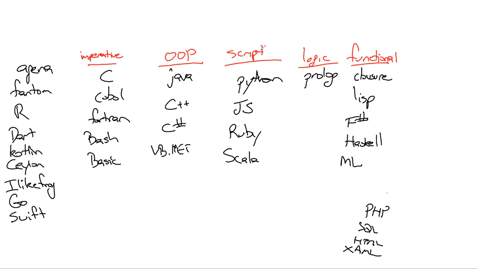Then from the mid 80s, through the 90s and maybe a bit further, we got object-oriented programming. And then in the 2000s, the 21st century, the last 10, 15 years, we are dealing a lot with these scripting languages.